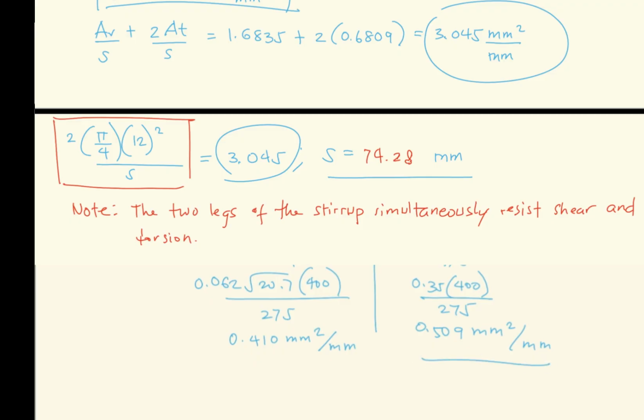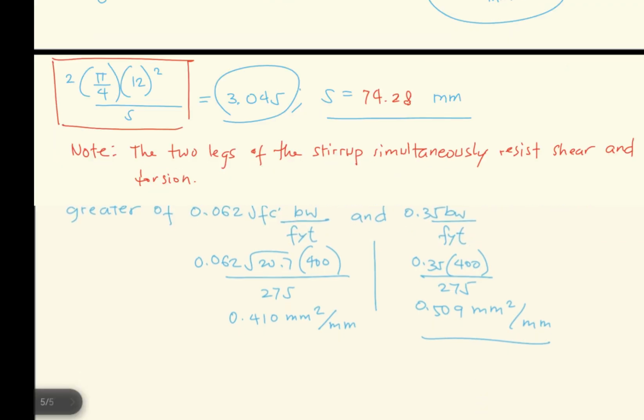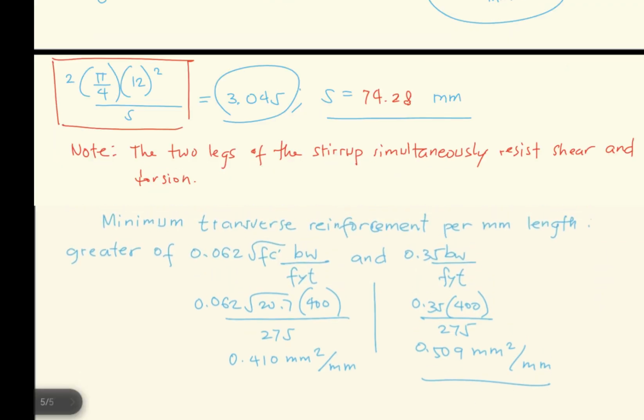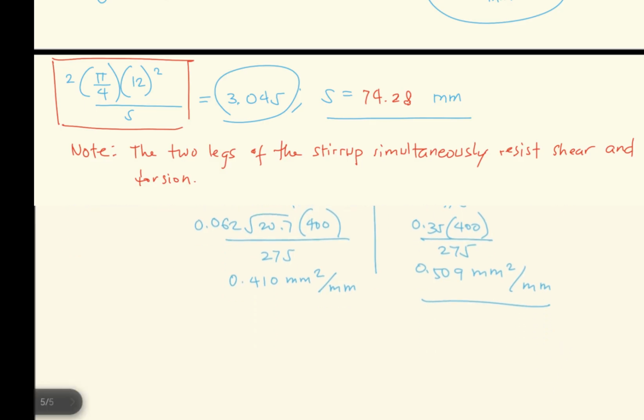However, we still have to compare this value with the earlier determined value, which is 3.045. Hence, we use 3.045 as the value at which we solve s.